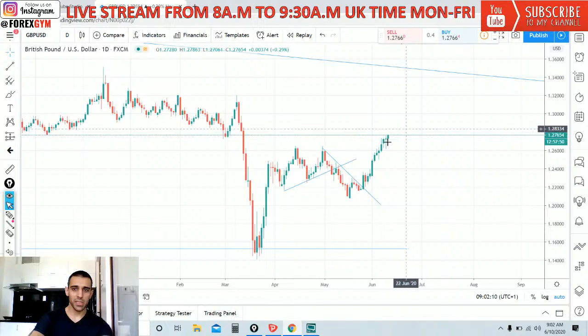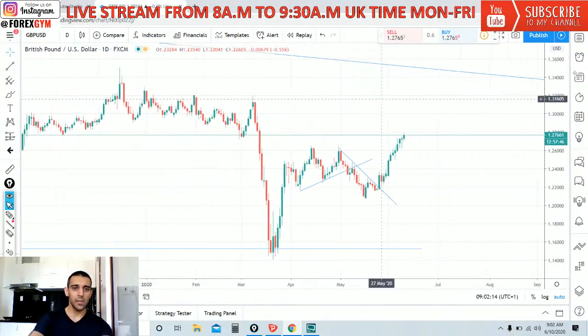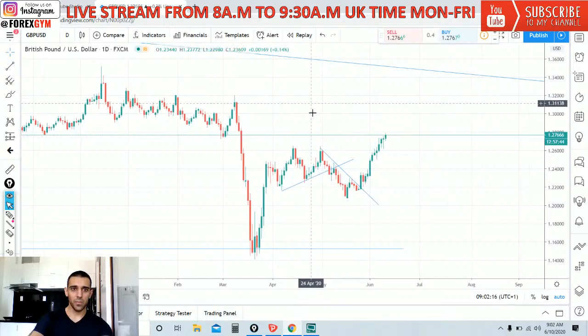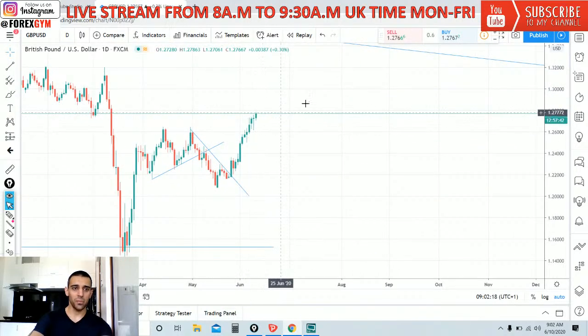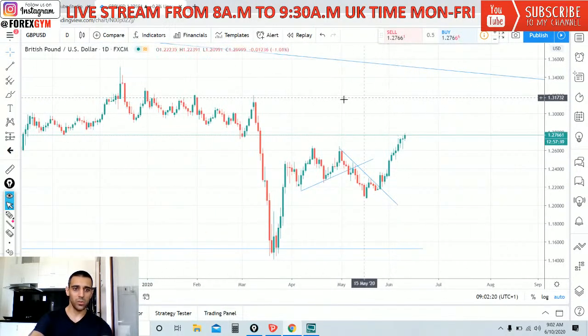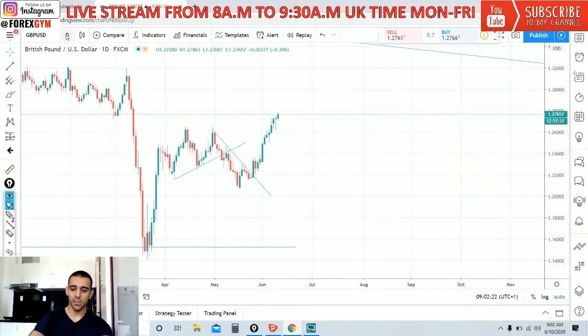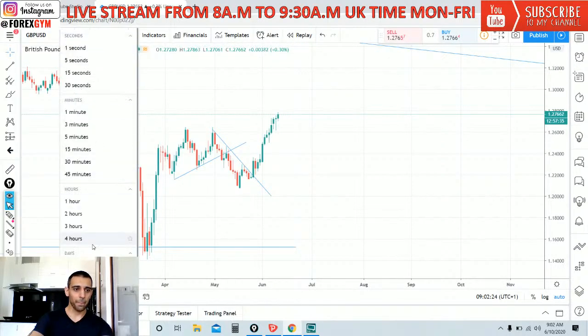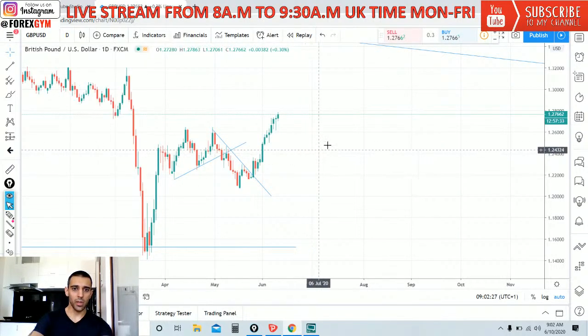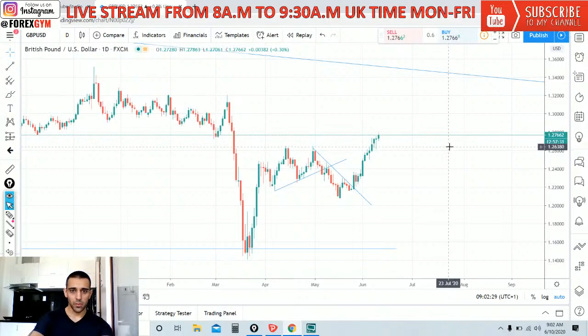I know the price looks like it might turn around, but I do not base my analysis purely on that because it's come to a strong resistance level. So it has to do quite a lot before I decide to take the trade.